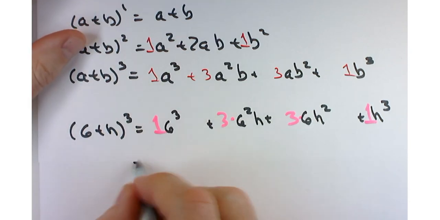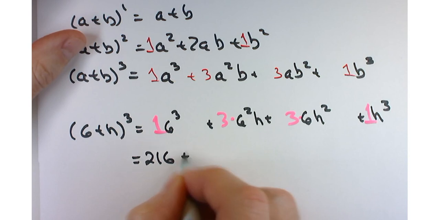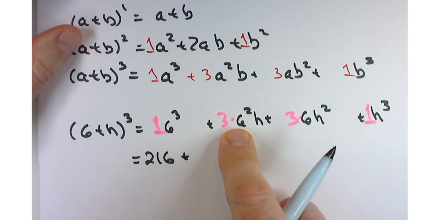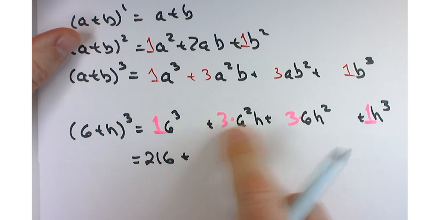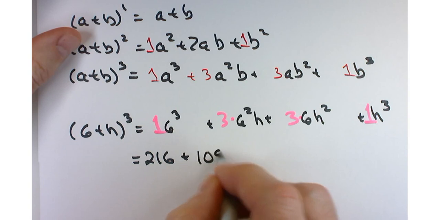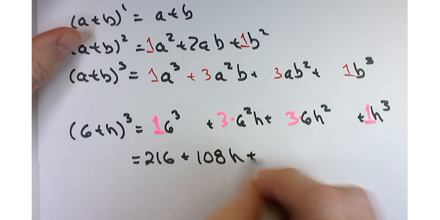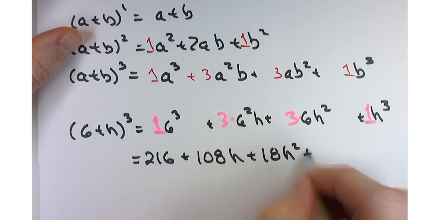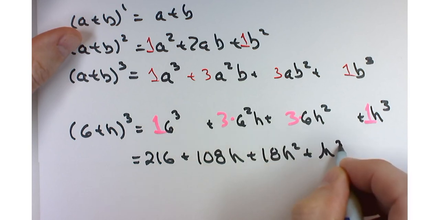6³ is 216. 3 times 36 is 108. No, is that right? Yeah, 108. 108h plus 18h² plus h³.